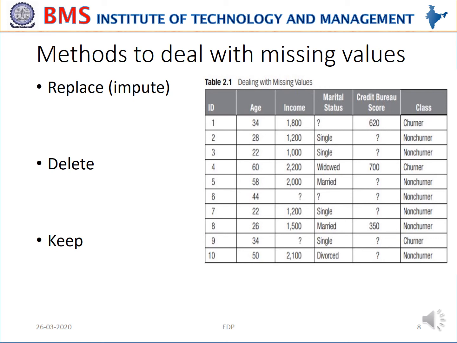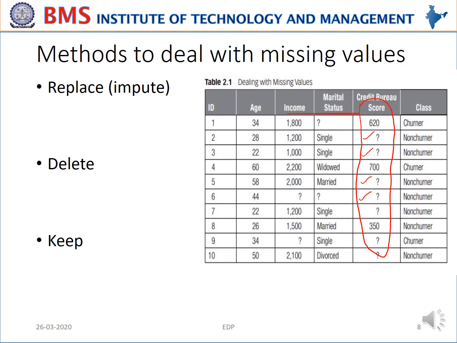Now, replacing a missing value is also called imputing the value. Say, missing credit bureau scores. In this example, we can see how to deal with these missing values by using the replace method. Under the parameter credit bureau score, these are the missing values.